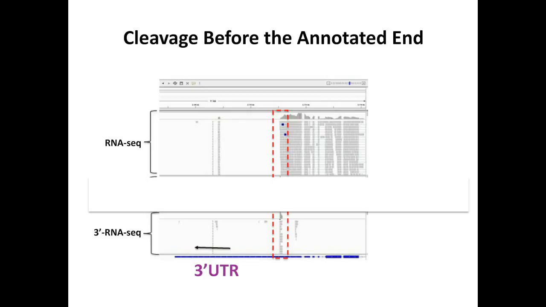We don't see any sequencing reads mapping to the end of the transcript, though our 3' RNA-seq data should map to the end of the transcript. But we see most of the reads, our RNA-seq data, map to this region, and only a few sequences map here, but most of them map to the previous region, as I indicated here.